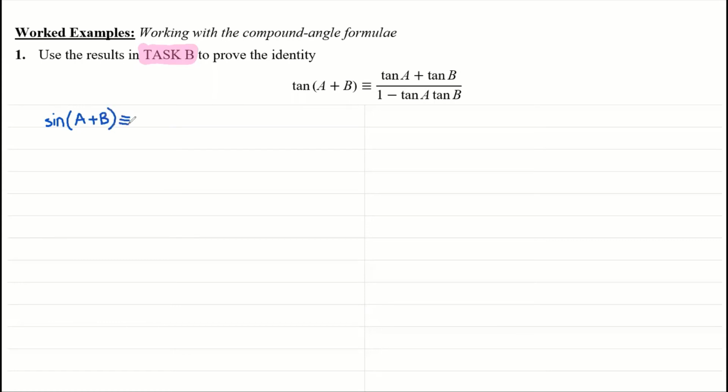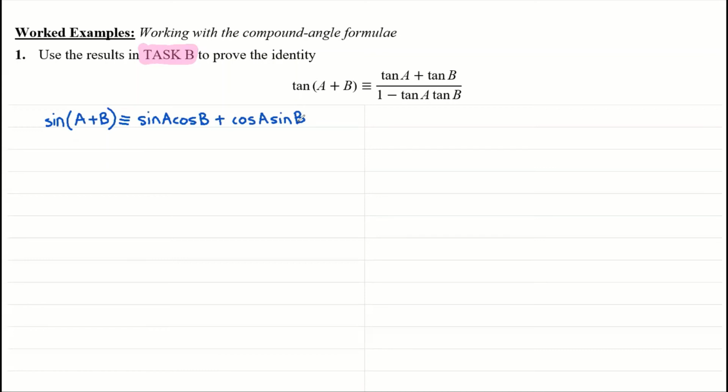So we know that the sine of a plus b is identical to the sine of a cosine of b plus the cosine of a and the sine of b. Notice they alternate, but I've kept the a and the b in the same order. Okay, so that's the first one.